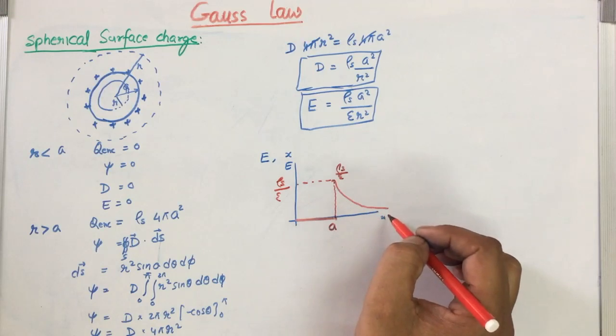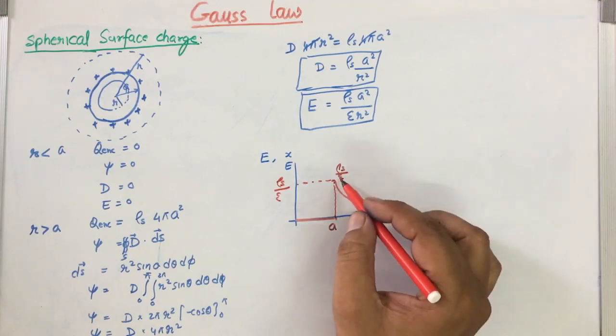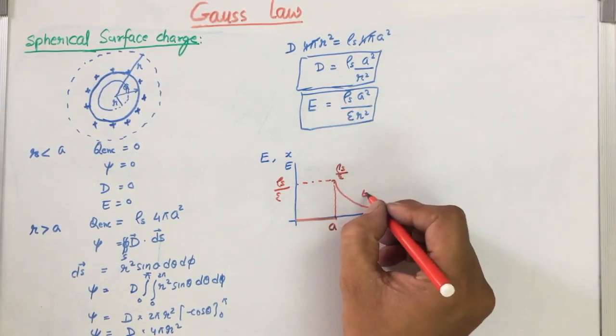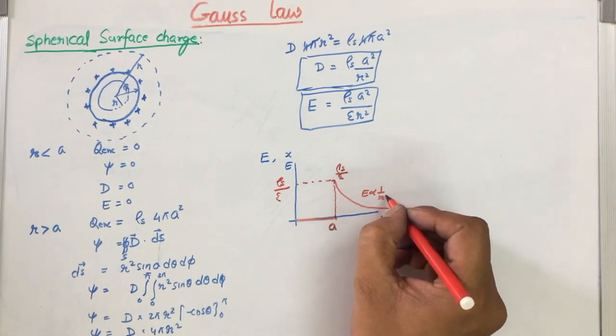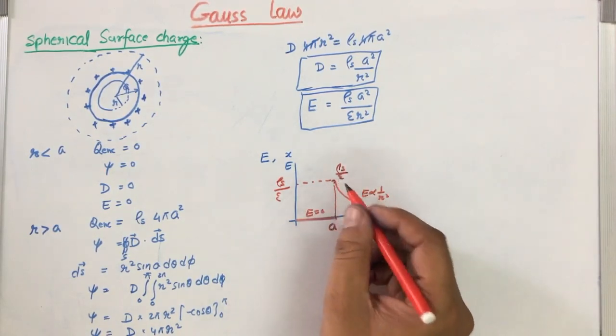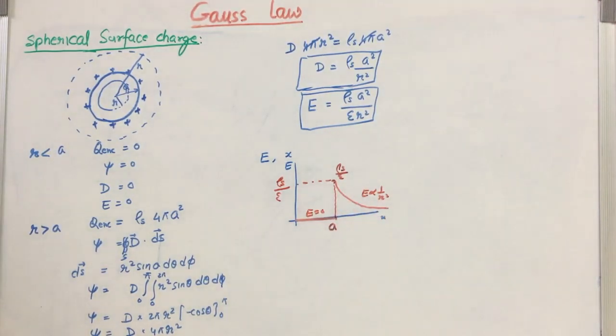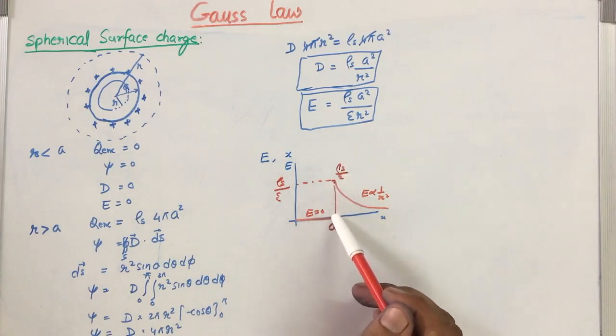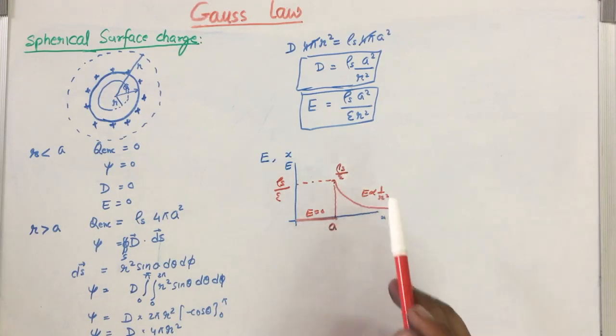Outside the surface it varies as E proportional to 1 by r square. So E is maximum at the surface of the charge, 0 inside, and outside it varies like that.